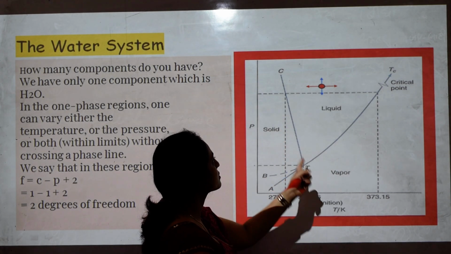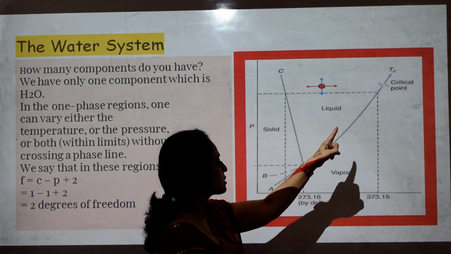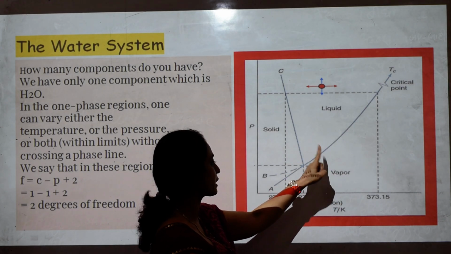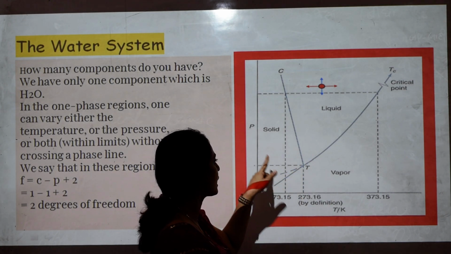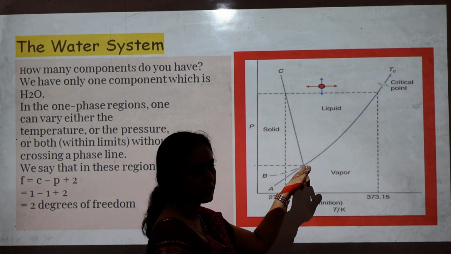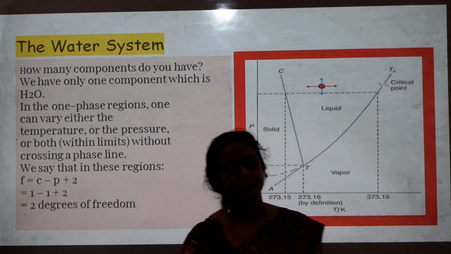Across this line CT, you find solid and liquid are in equilibrium. Along this TC line, liquid and vapor are in equilibrium, and in the same way along the AT line, solid and vapor are in equilibrium. But at point T, all the 3 phases are in equilibrium.